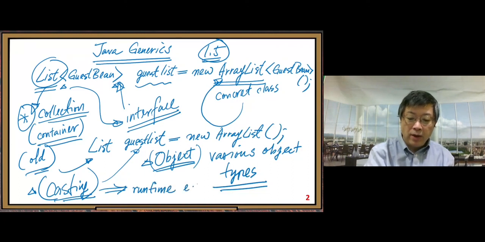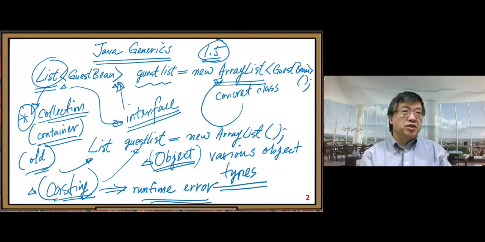Runtime error. Why? Because the compiler cannot detect it. Even if you do a wrong casting, the compiler does not know whether it is right or wrong.